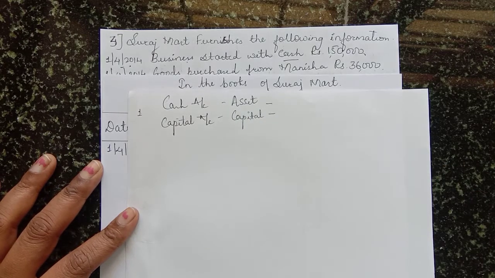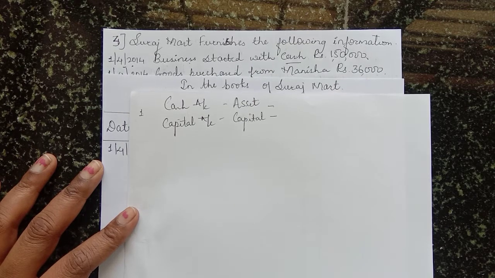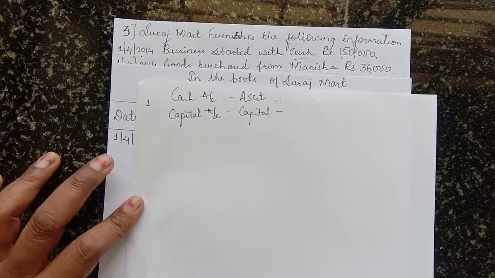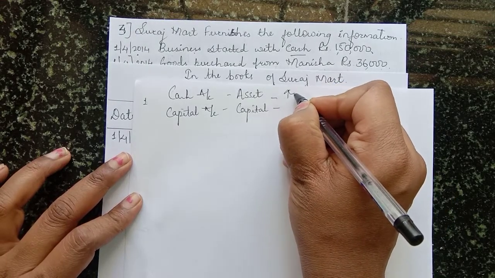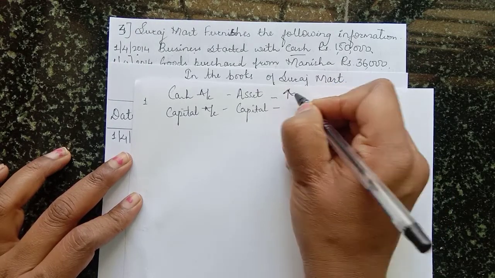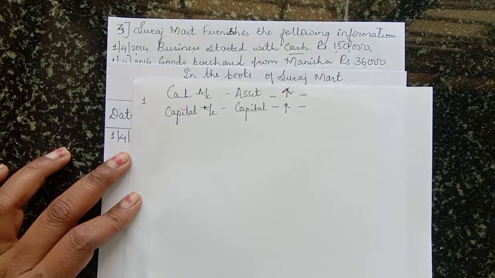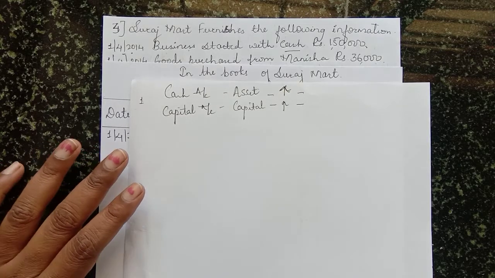When the owner has invested the money, that is cash, in the business, cash is coming in to the business, right? What I had told as a shortcut: if it is coming in, debit; if it is going out, credit the cash account. Here cash balance is increasing, and your capital balance is also increasing. Capital means amount invested by the owner in the business.